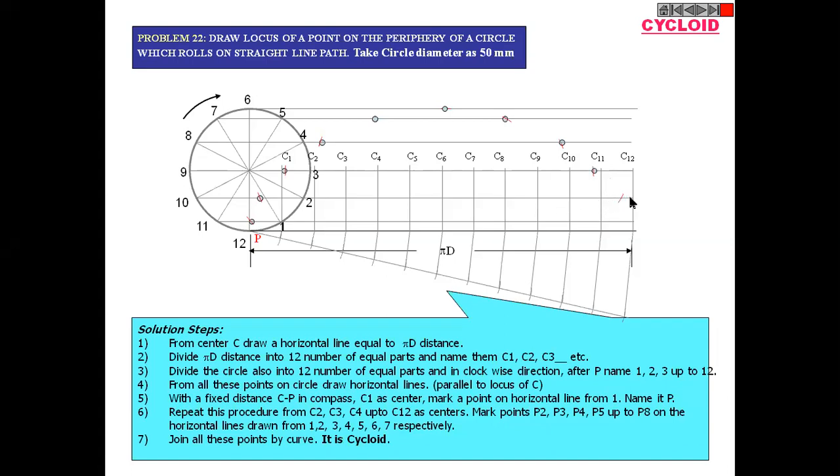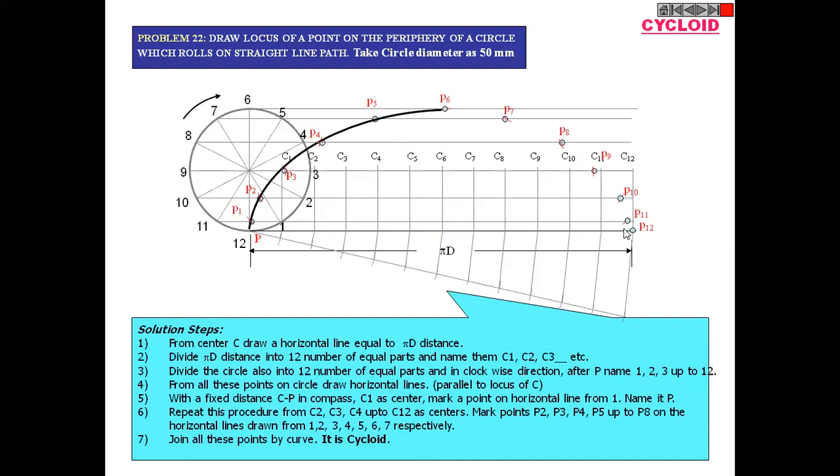In the same way, C10, C11, and C12. So for the different positions of the center, we have marked the position of the moving point P. Then give the names correspondingly as per the names of these divisions, then join all the points from P1, P2, P3 up to P12.